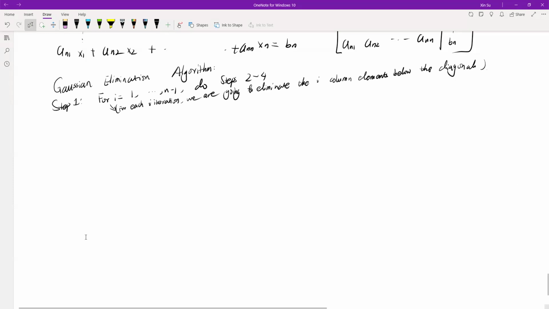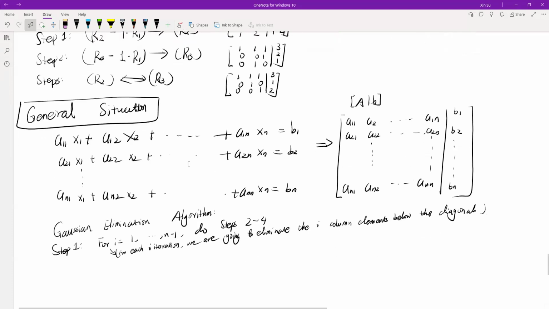For example, for the iteration i equals 1, we are going to eliminate all these elements to 0. For i equals 2, we work on the second column; this is the diagonal, and for the second iteration we eliminate all these elements to 0, because these are the elements below the diagonal in the second column. Does that make sense?